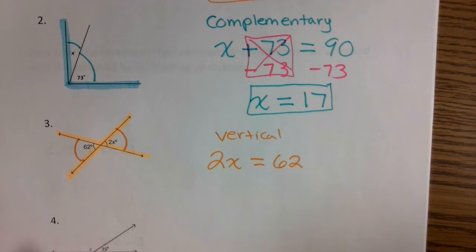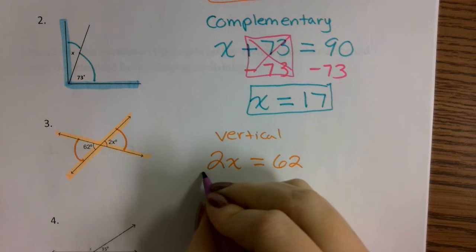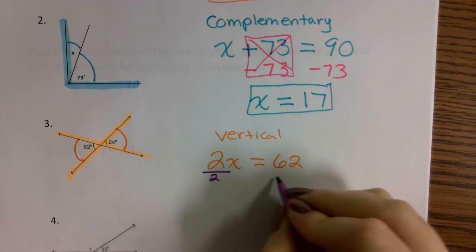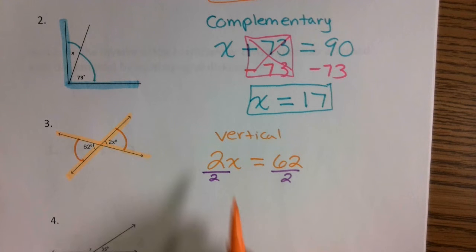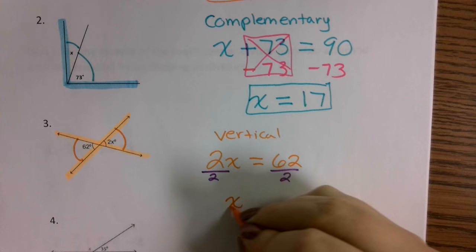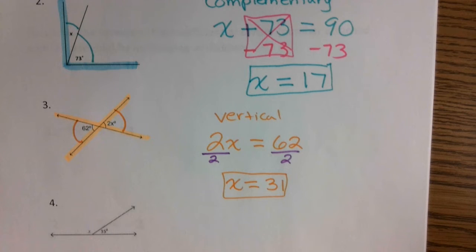So 2x is going to be equal to 62. In order for us to solve, in this case, we're just going to divide both sides by 2. Right? Inverse operation of multiplication is going to be division. So we'll divide both sides by 2, and we're going to get x is equal to 31. X is going to be equal to 31 for that case.